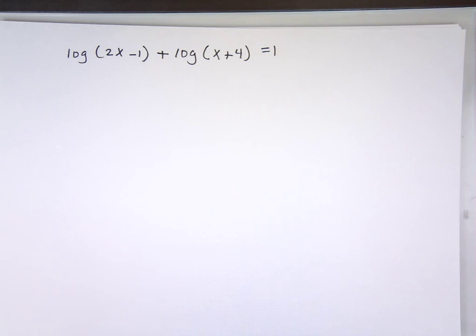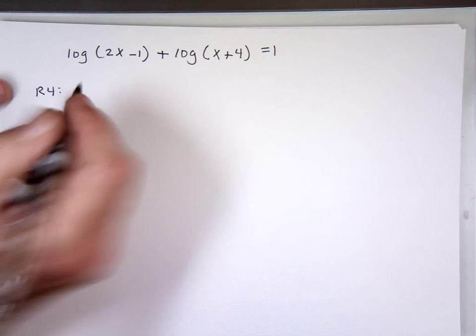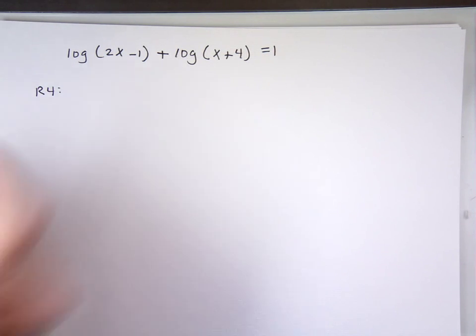I notice there's no bases there. That means what? 10. 10, very good, common log. So I see addition there. I know there was a rule, I think R4. That used to be what? Multiplication, right?